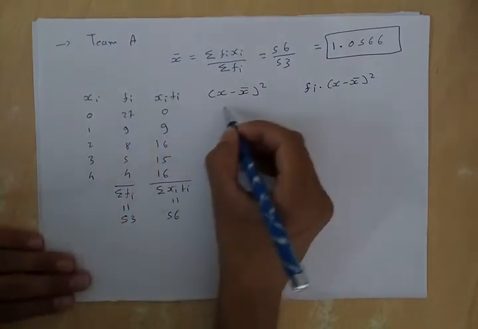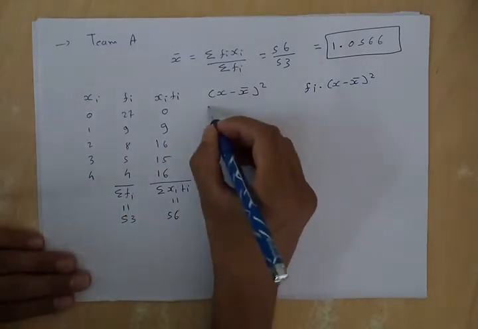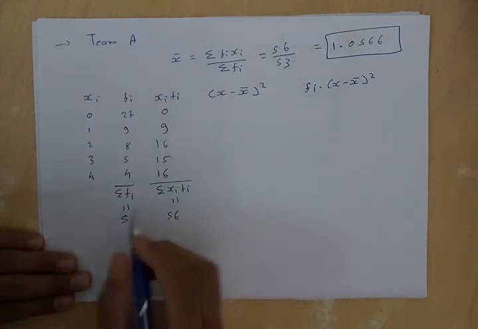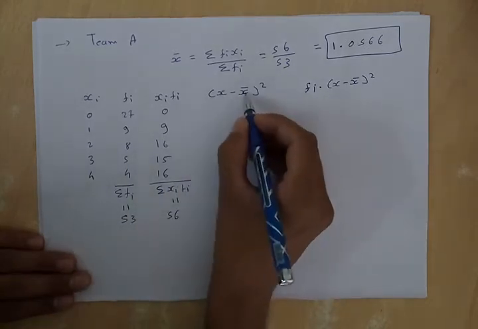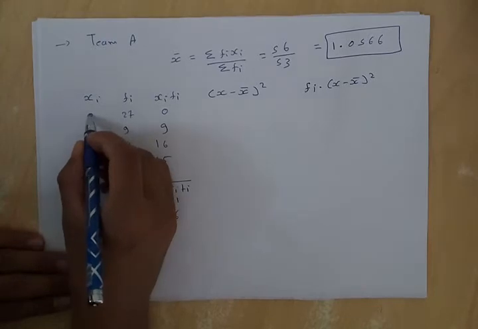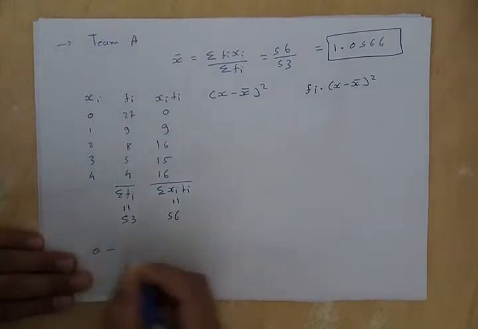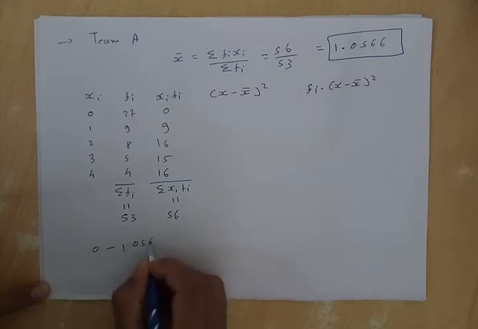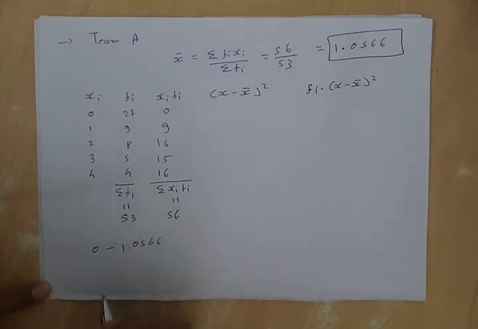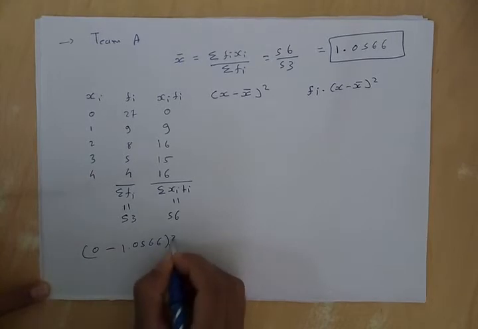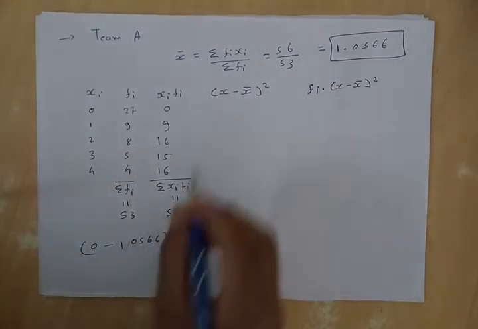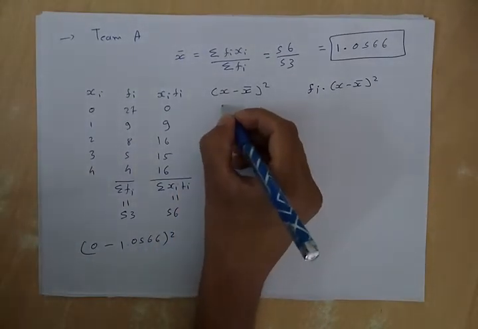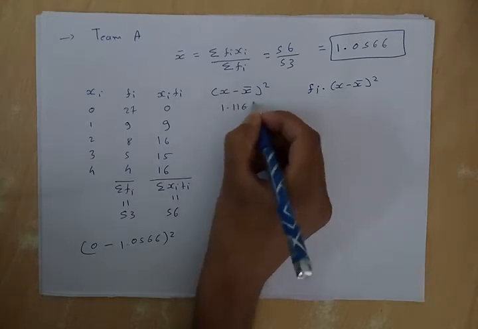So let us calculate the first data of the column. So x minus x bar, x is 0 minus x bar is 1.0566 and whole square. So if you do this calculation, you will get your answer as 1.1164.